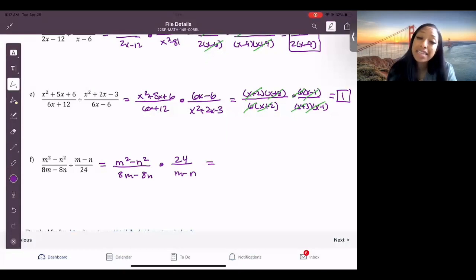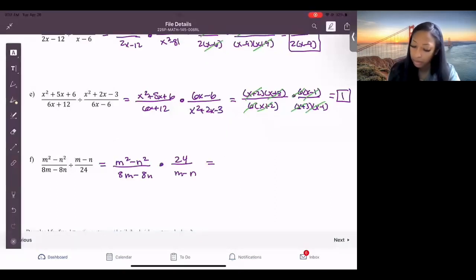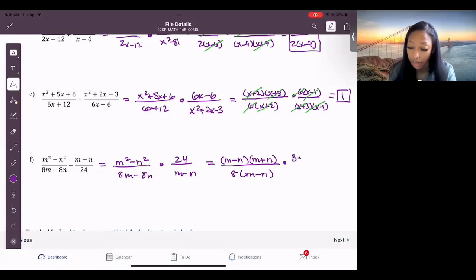M squared minus n squared is a difference of squares, that would be m minus n times m plus n, over 8 times m minus n, and then times 24, which is 3 times 8, over m minus n.